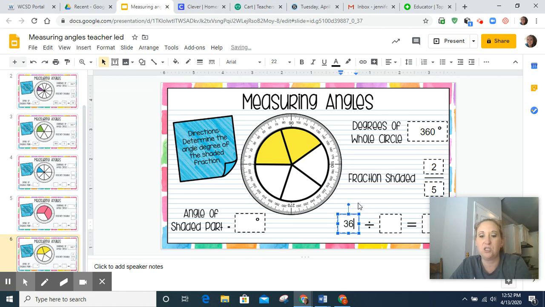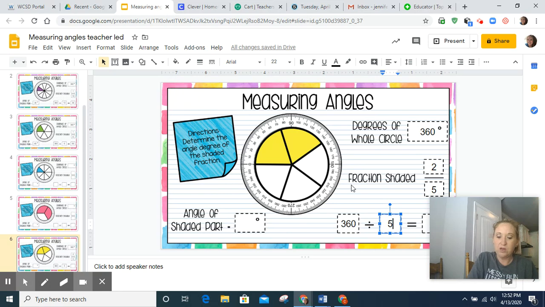So let's do 360, and we know it's divisible by 5, remember, because it ends in a 0, and we're going to divide it, 360 divided by 5, okay? Now, we know that 5 times 70 is 350, right? So then that would give us 10 left. So we could take away 2 more 5s. So we know that one of these angles is 72 degrees.